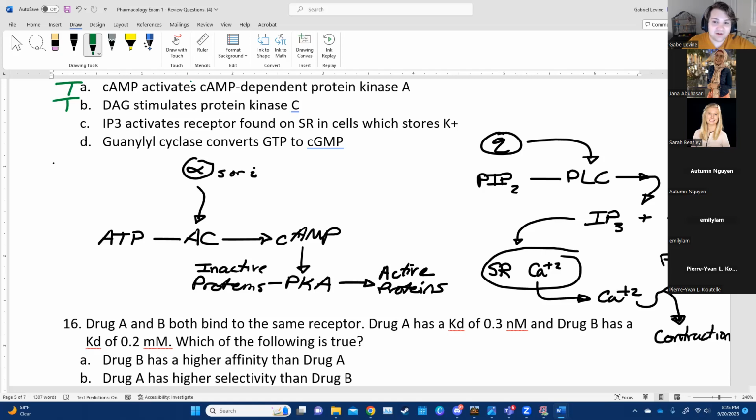But does the sarcoplasmic reticulum store potassium? No. Does guanylyl cyclase convert GTP into cyclic GMP? Yes, it does, which is part of the tyrosine kinase receptor pathway, if you're wondering where that comes from. Any questions about this?